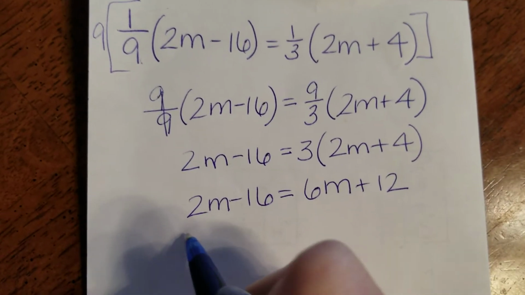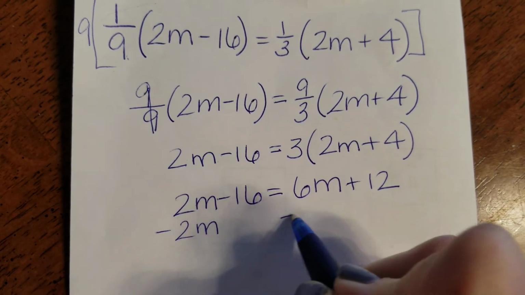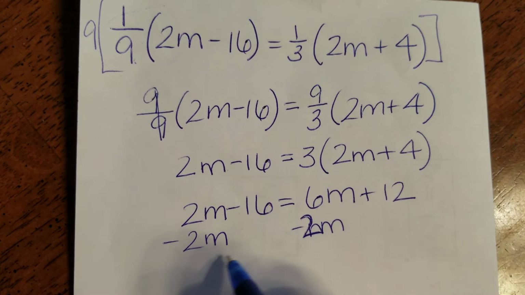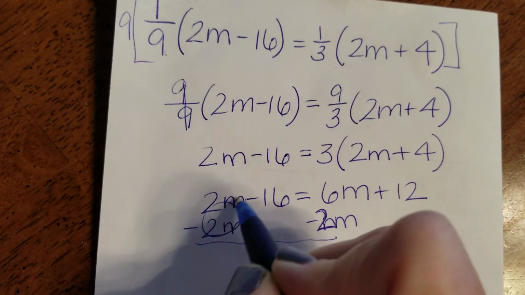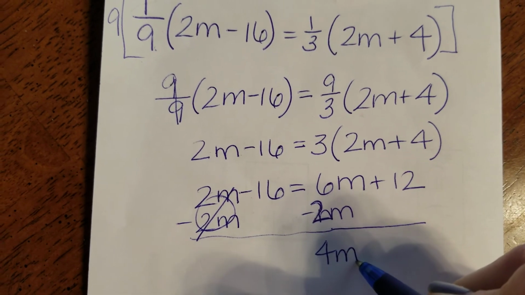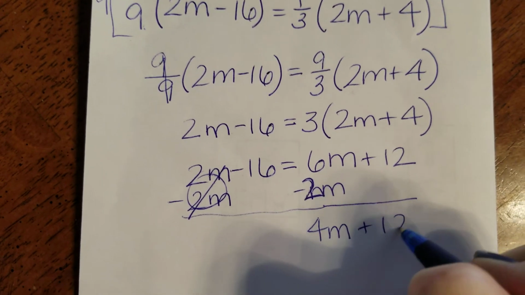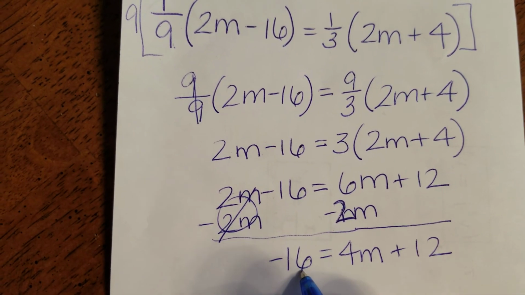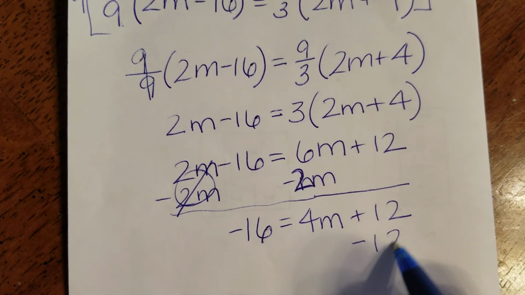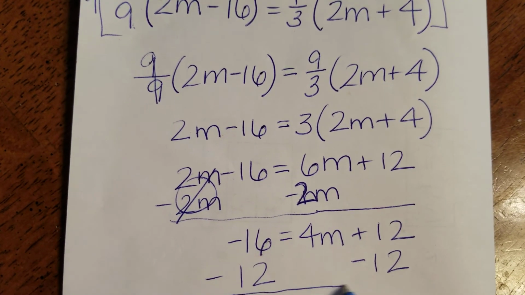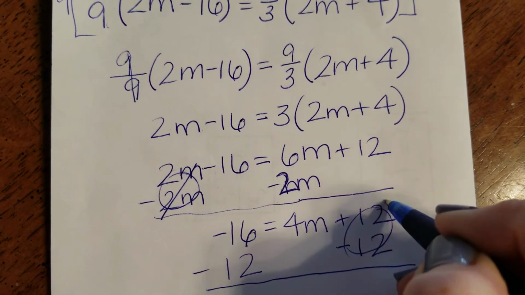We can take 2 m's away from both sides. These are 0 pairs. Now we'll have 4m plus 12 equals negative 16. Let's subtract 12 from this side and this side. These are 0 pairs.